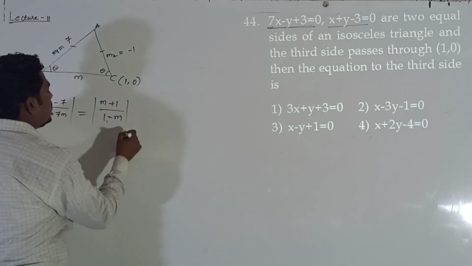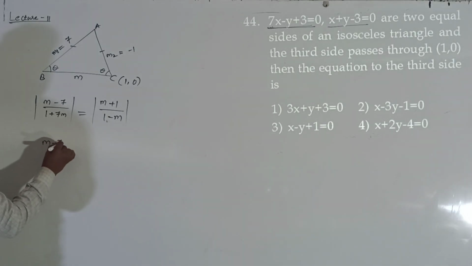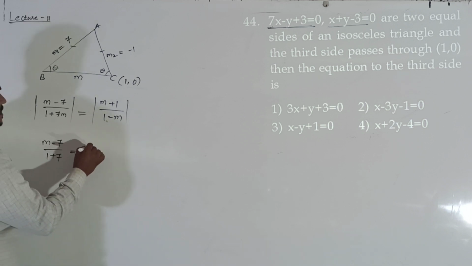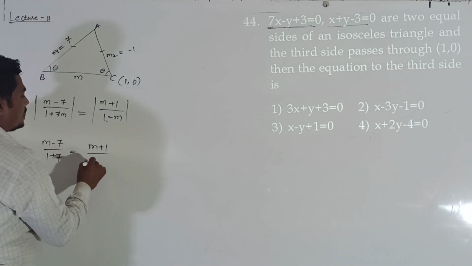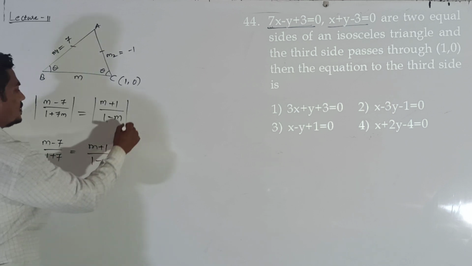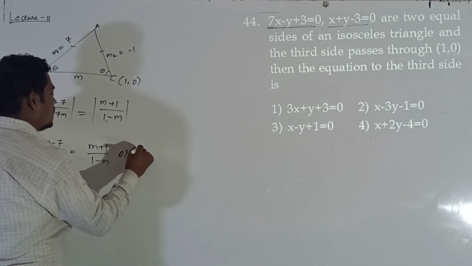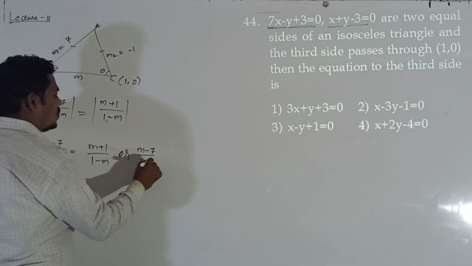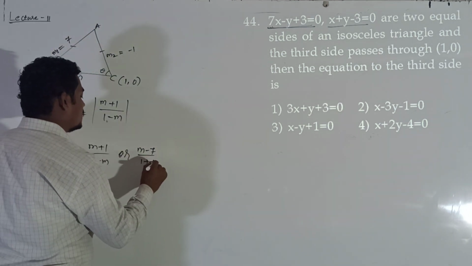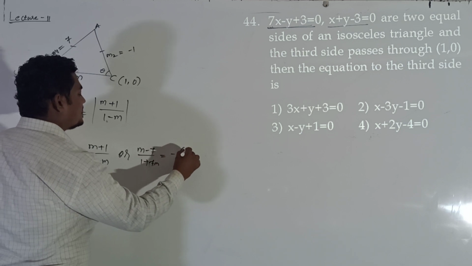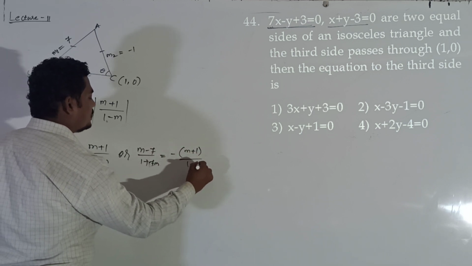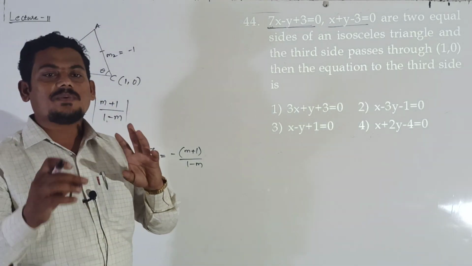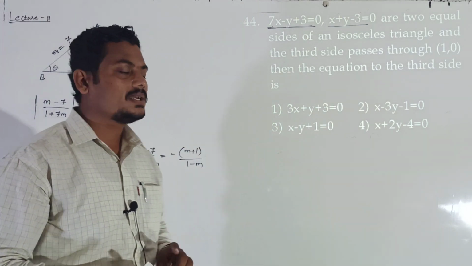Now m minus 7 divided by 1 plus 7m is equal to, consider one with positive sign, one with negative sign, m plus 1 divided by 1 minus m, or m minus 7 divided by 1 plus 7m is equal to minus of m plus 1 divided by 1 minus m. Because we need the equation of the third side. For finding the equation of BC, one of the points they have given, but we need its slope.